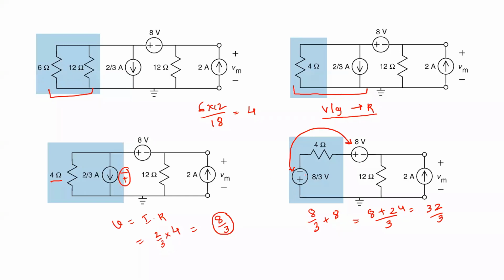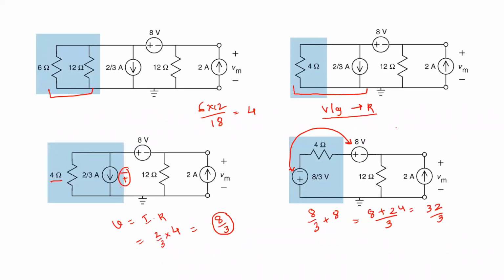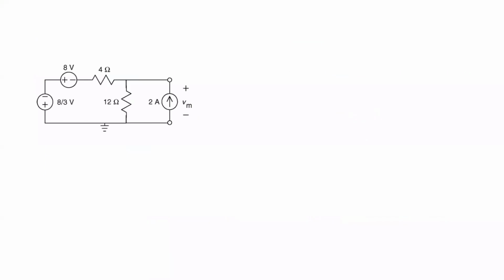Then polarity: any one polarity can be followed here, as shown here. In the previous case, it is a series connection, so any elements can be placed anywhere between the nodes, right? So a slight adjustment is done: the 8 volt source and 4 ohm resistor are replaced.